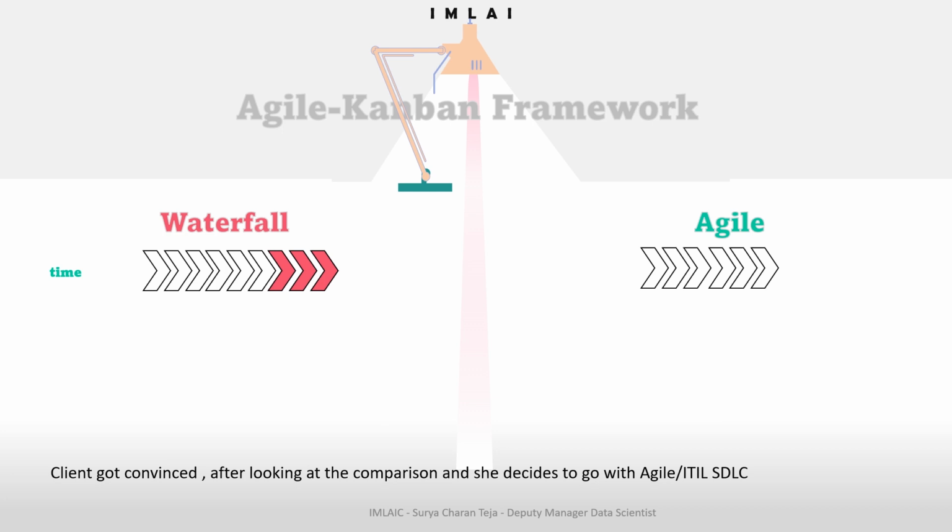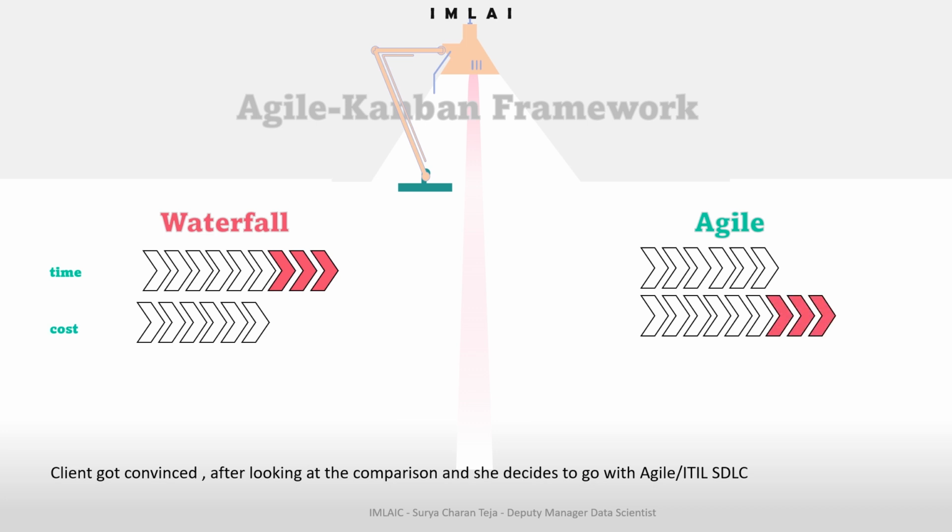If there is any bug, we can easily solve it in agile, whereas in waterfall it's very difficult because we are pushing the whole application and then we have to rectify it. So as per the time parameter, agile has the advantage. As per the cost parameter, of course, waterfall is a little cheaper compared to agile, so waterfall wins there.